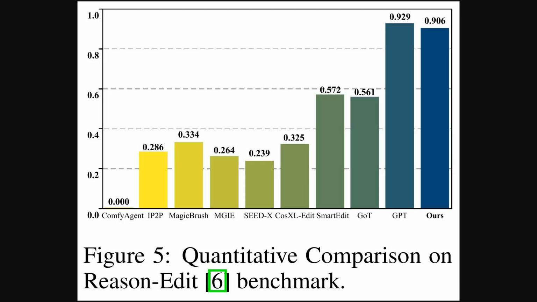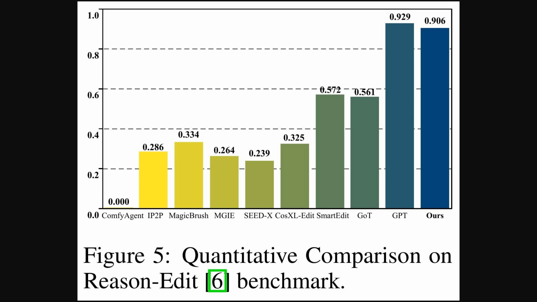So ComfyMind is fantastic at generating images from scratch based on instructions. But how does it handle editing an image? That's exactly what this chart explores, using results from the ReasonEdit benchmark. This benchmark tests how well a model can apply complex, reasoning-based edits to a picture. And the story here is very similar. ComfyMind, shown as ours, is a standout performer.